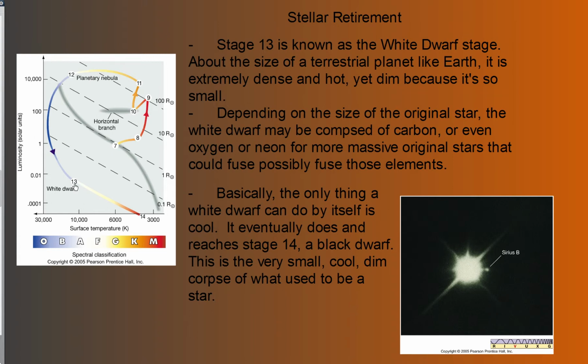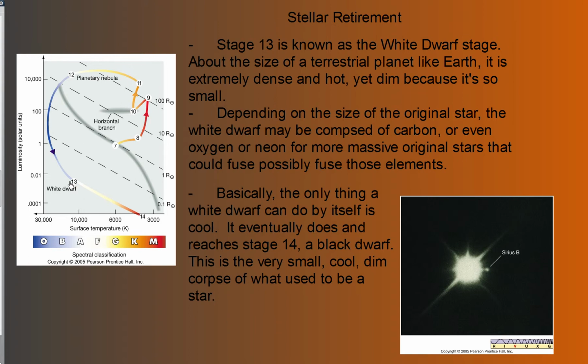So the white dwarf is now surrounded by very low density gas and dust, which may even have blown away from other interfering processes. Either way, the white dwarf is left over, and it can be the size of a typical terrestrial planet like Earth, maybe even smaller or larger. Very dense and hot.